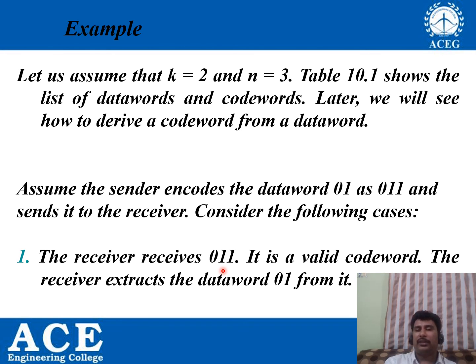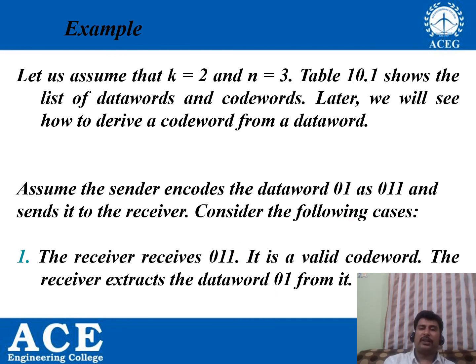The receiver forwards this code word to the checker circuit. What is the role of the checker circuit? To check whether the total number of ones is even or not. How many ones exist here? 2. Is it even? Yes. Since the number of ones is even, it says the data is correct, and it removes the redundant bit from the code word, which is generally the last bit. So we separate the 1, and we take the data word as 0 1.